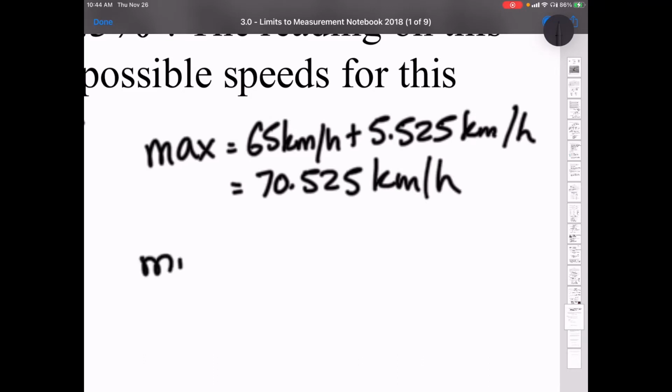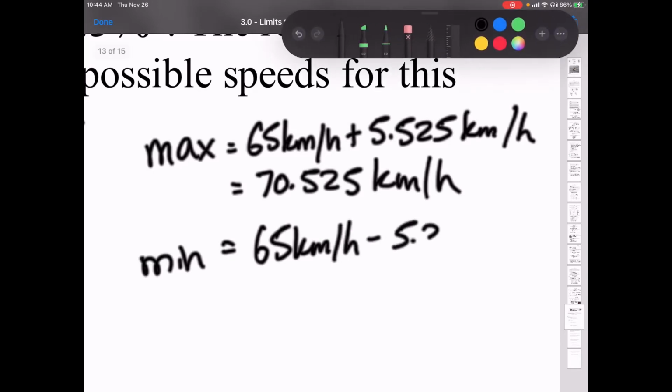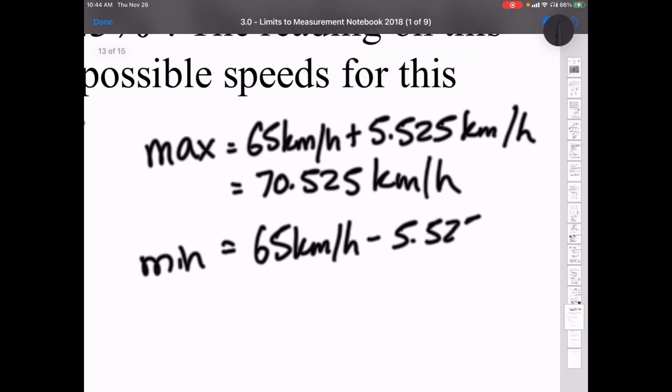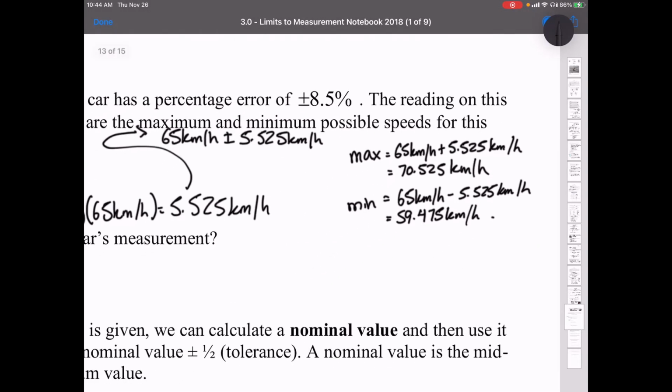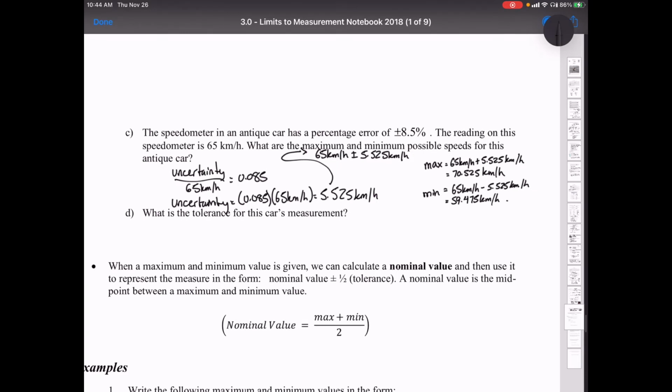And then our min would be 65 kilometers per hour minus our 5.525 kilometers per hour, or 59.475 kilometers per hour. So that is the maximum and the minimum possible speeds for the old antique car, because it's got a very high percentage error.